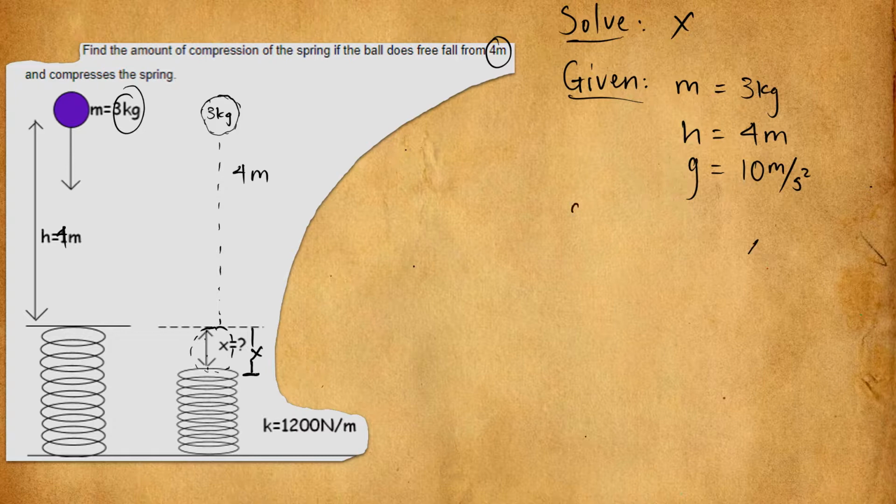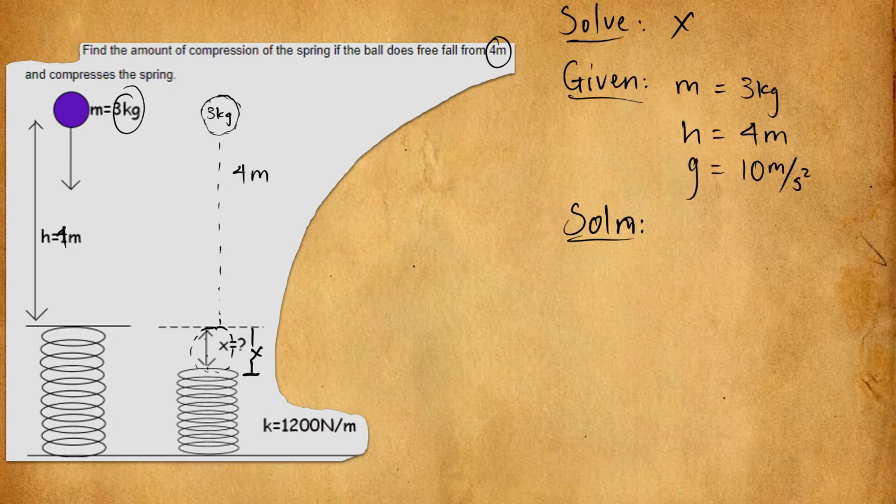Okay, now we're gonna do the solution. So we're gonna use the law of conservation of energy, which says energy is neither created nor destroyed. It only transfers from one form of energy to another form of energy.